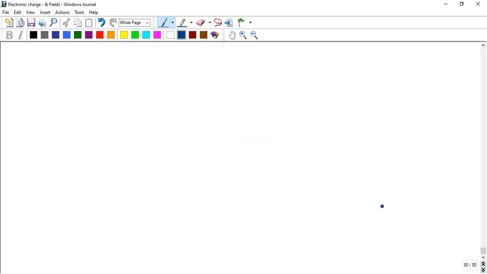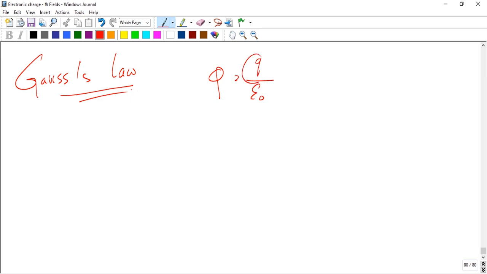Gauss's law is a very important topic. Gauss's law states that phi equals Q by epsilon naught. What is the value of Q?